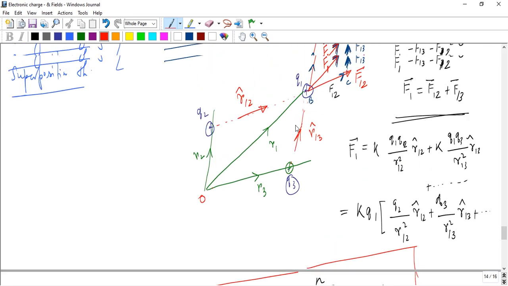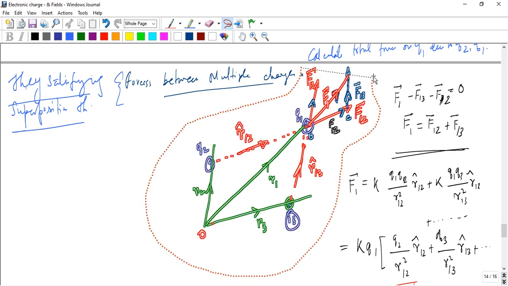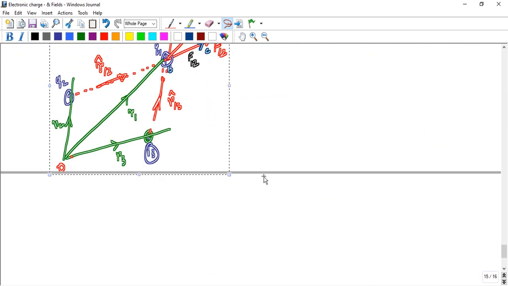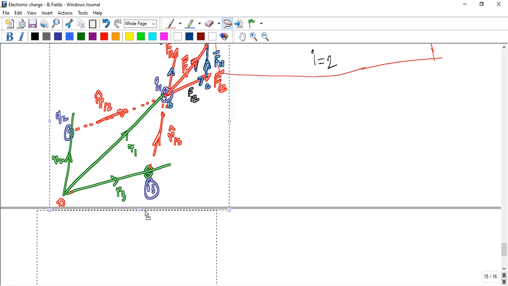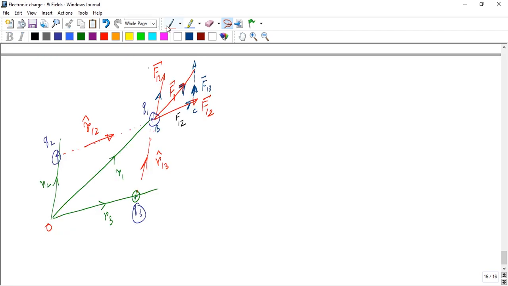So copy the diagram first. Here we now change Q2, so Q2 is a negative charge.